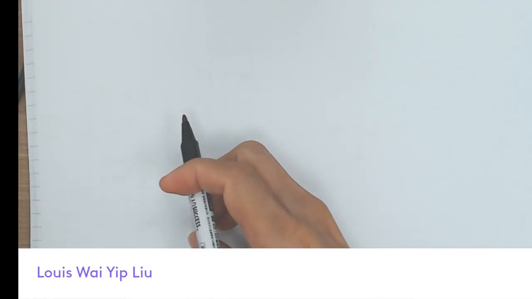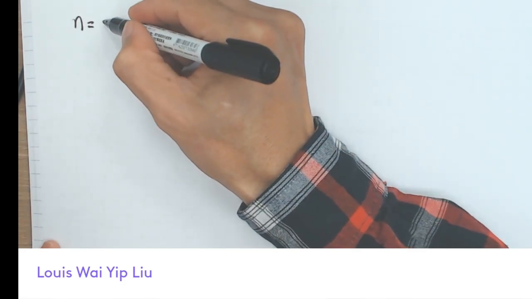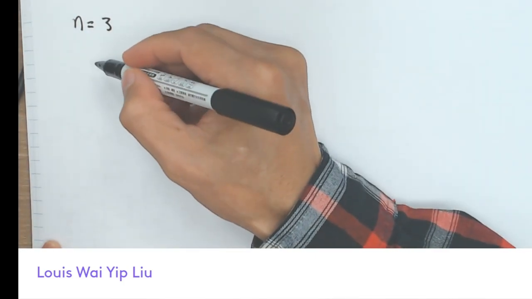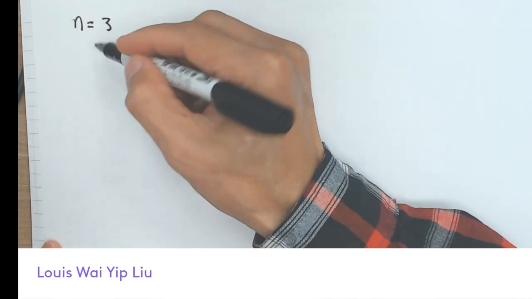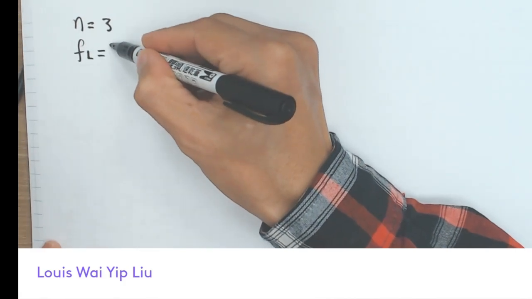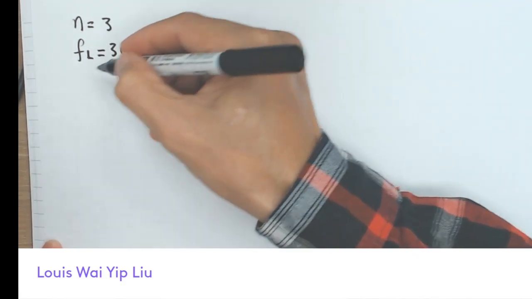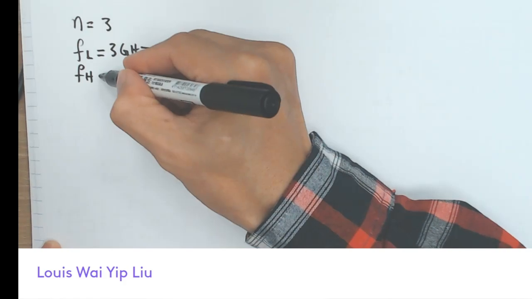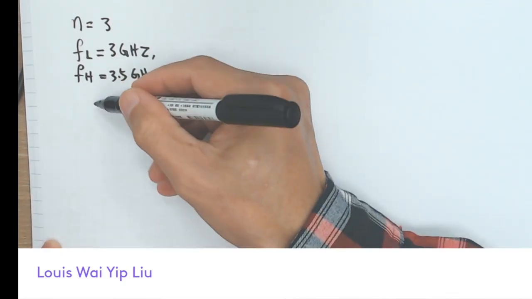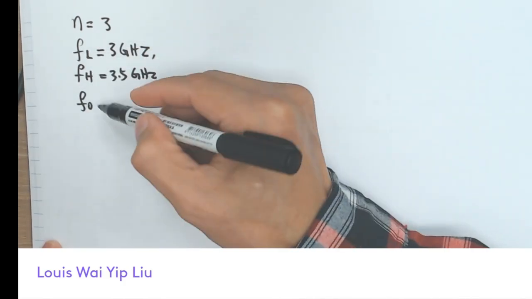Now, we already know the order of the filter is 3, and we need to know the fractional bandwidth. We know the lower corner frequency is 3 GHz, the upper corner frequency is 3.5 GHz. So from here, we know the resonant frequency.